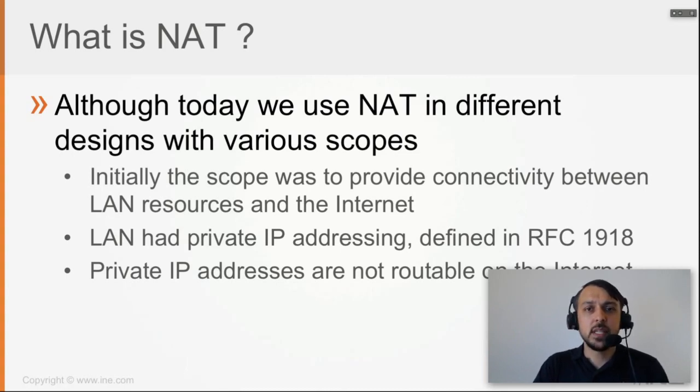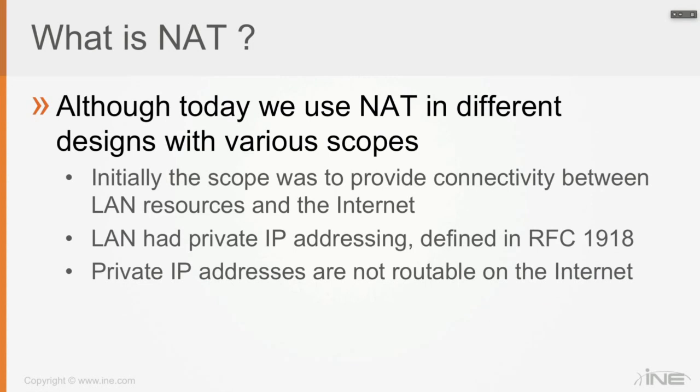Say each company has 10.10.10.0/24, and each wants to provide communication with the other, but because it's the same subnet, in order to make that connectivity happen, we are going to need to configure NAT both ways in that specific design.